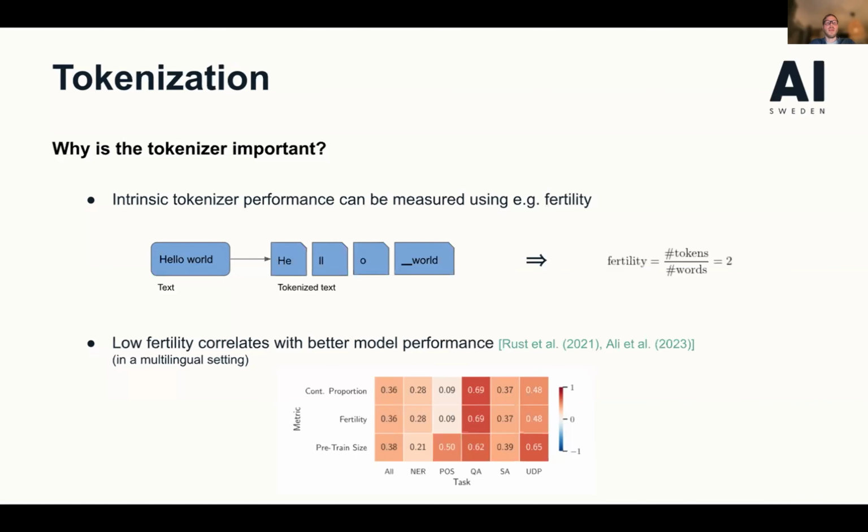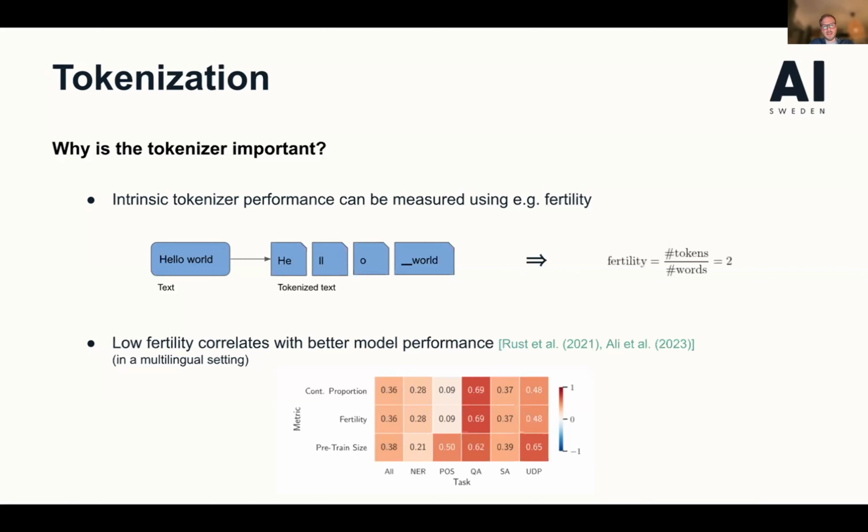Why is that? It has been shown by several papers that low fertility correlates with better model performance, specifically by Rust et al. for encoder models, BERT, and also recently by Ali et al., who have shown something similar for decoder large language models.